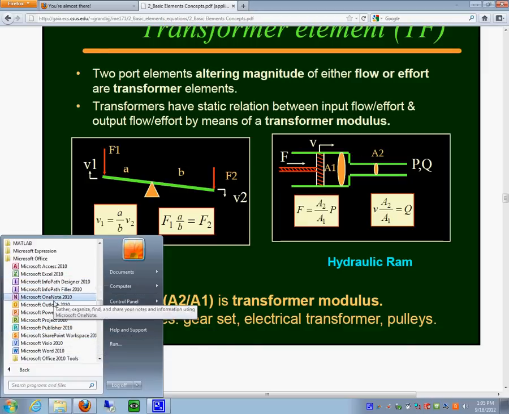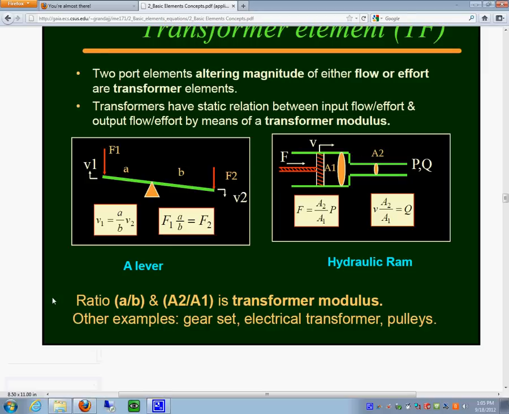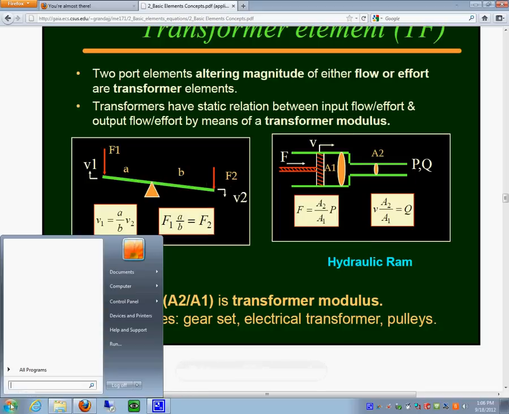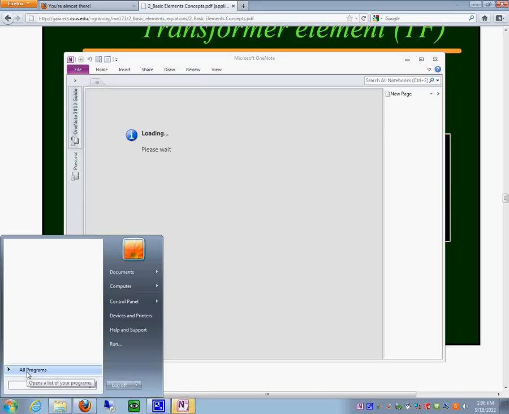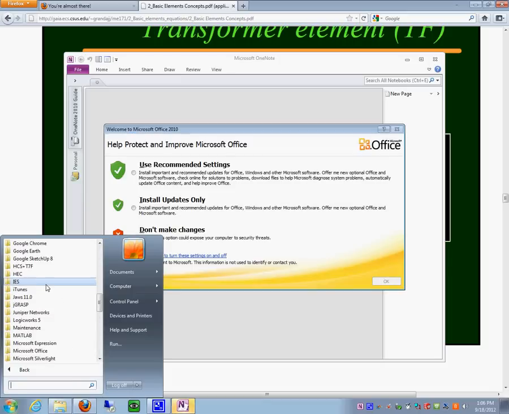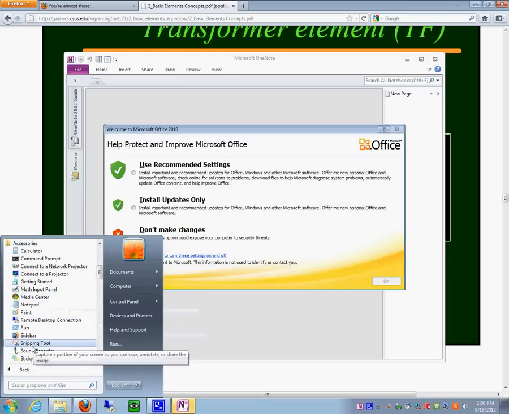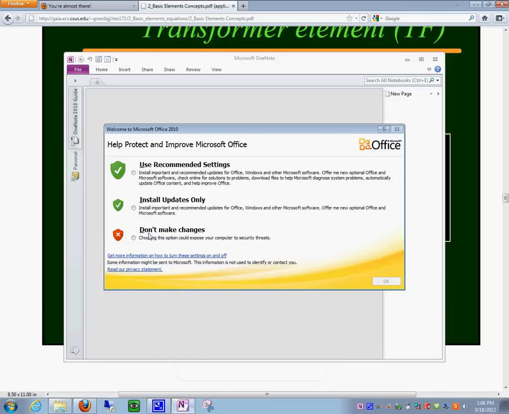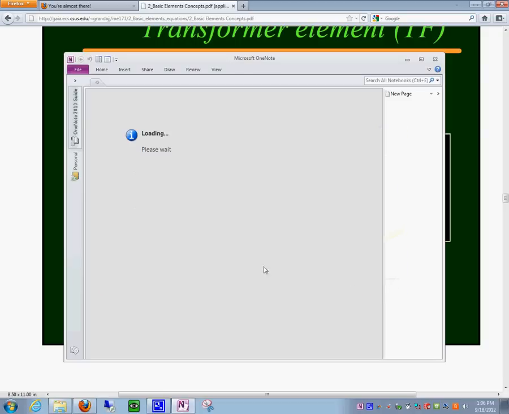Microsoft OneNote. Okay, so let's just do this tool over here and just say okay, it's going to be just fine, and then you say draw.